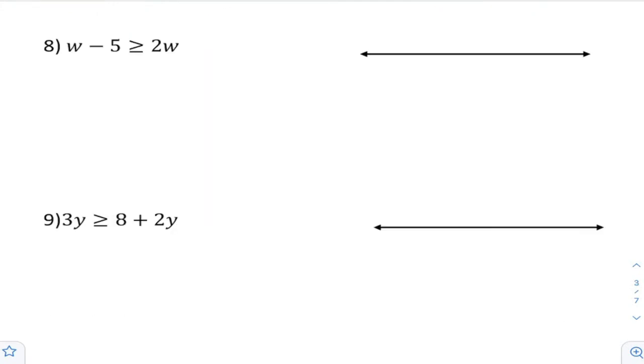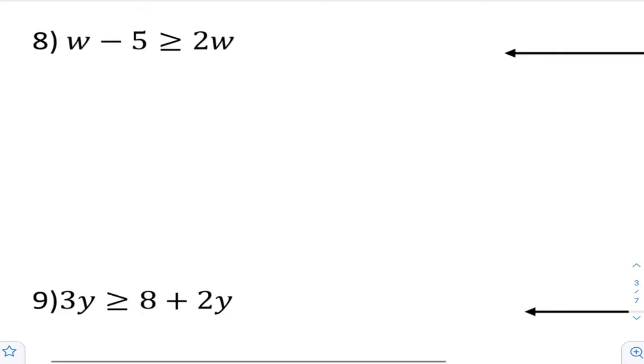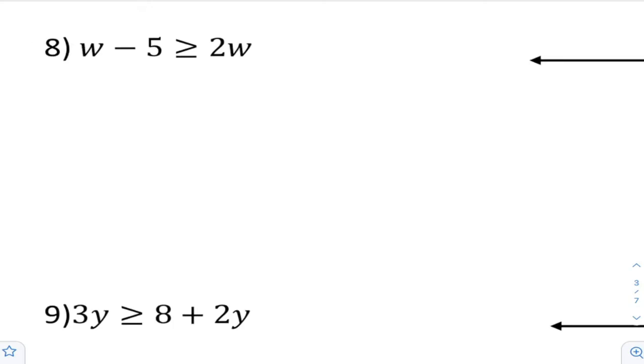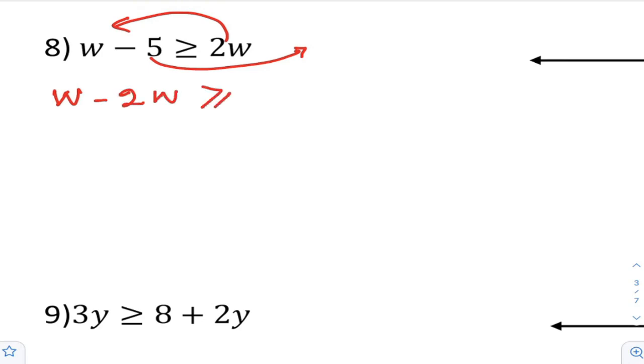Now we have the variable on both sides. And as we learned as well, we will take the variables together. You are free to choose which side you are working with, but I will shift this to this side just to show you something. So W minus 2W is greater than or equal to 5. I have switched the sign when I move from one side to another side.